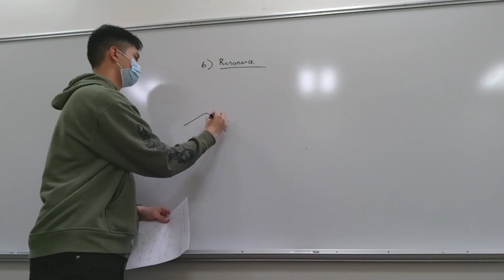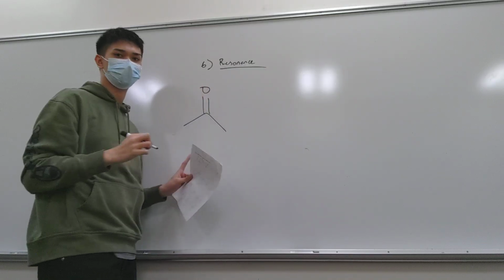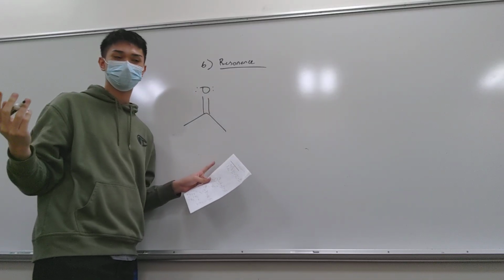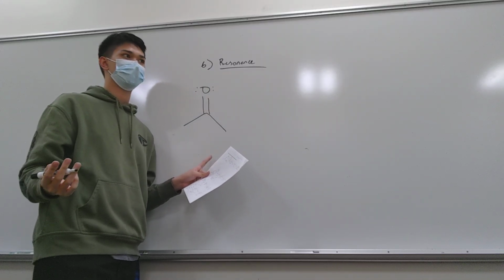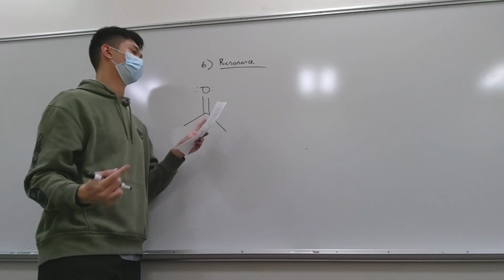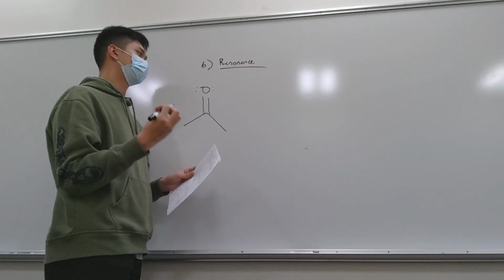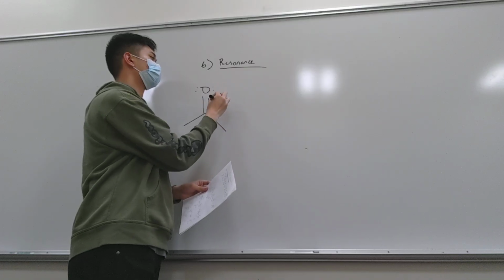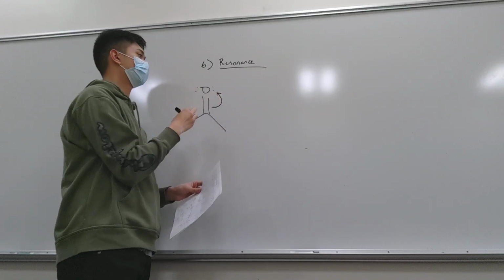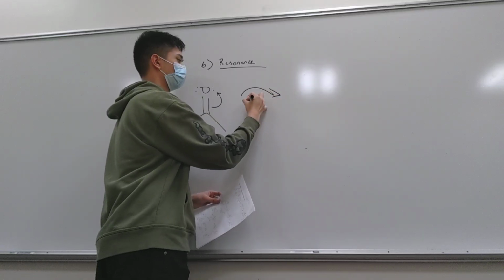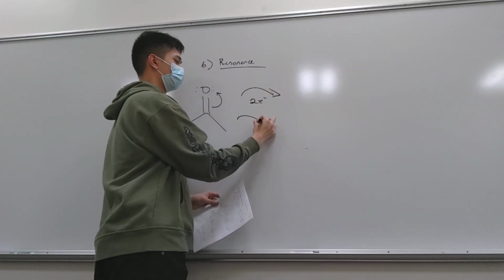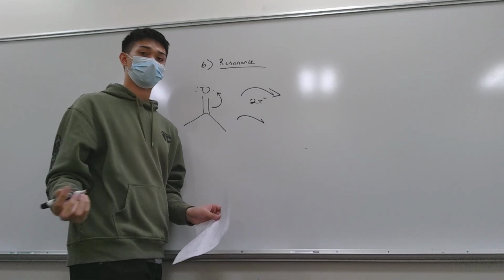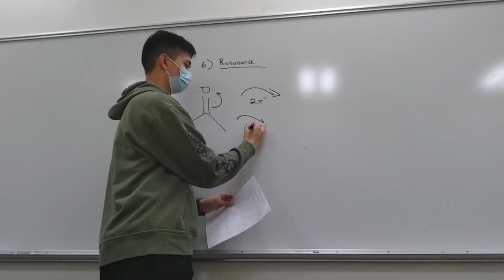If I drew this huge simple ketone right there, we know that this oxygen can hold more electrons, right? We've seen that oxygen can hold 3 lone pairs. So how do we do that? We simply move these electrons upwards with this double-headed arrow. A double-headed arrow means we're moving 2 electrons, while a single-headed arrow, which I don't believe you'll be doing anytime soon, moves only 1 electron.